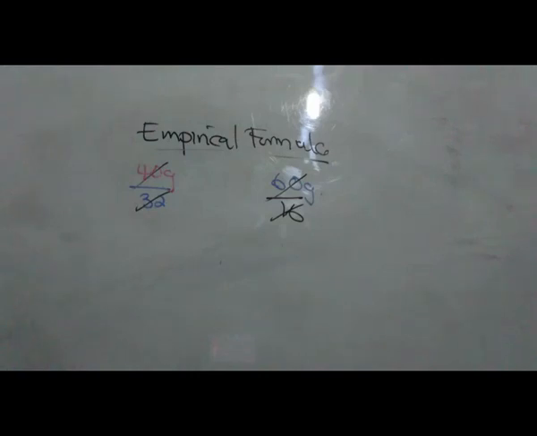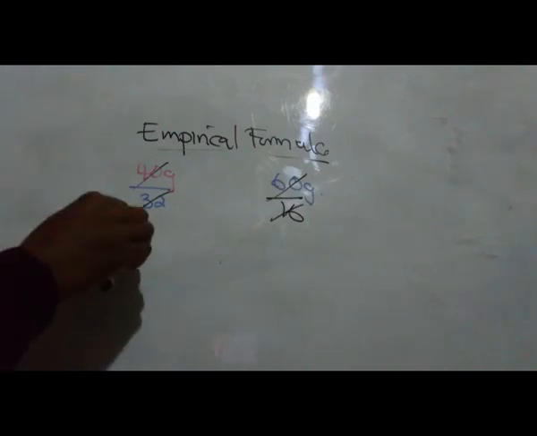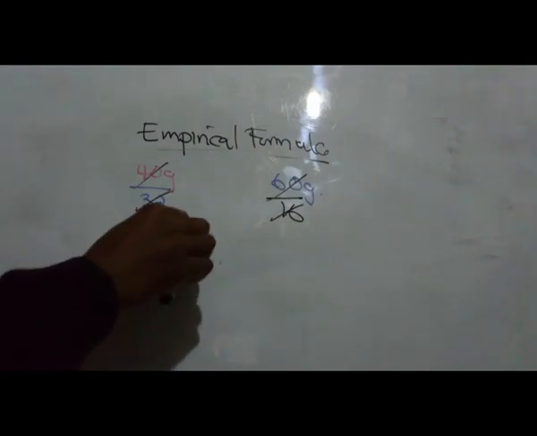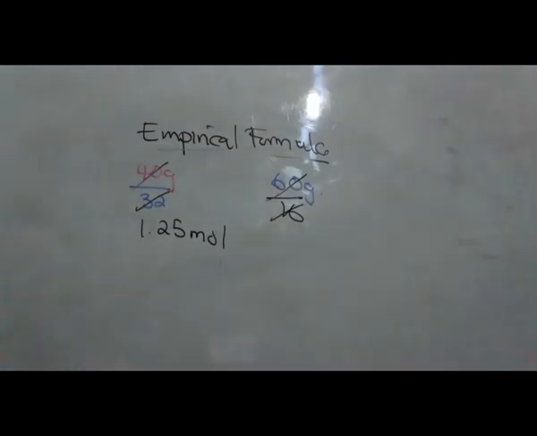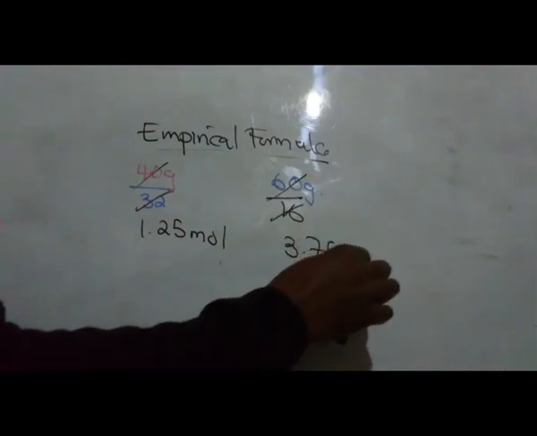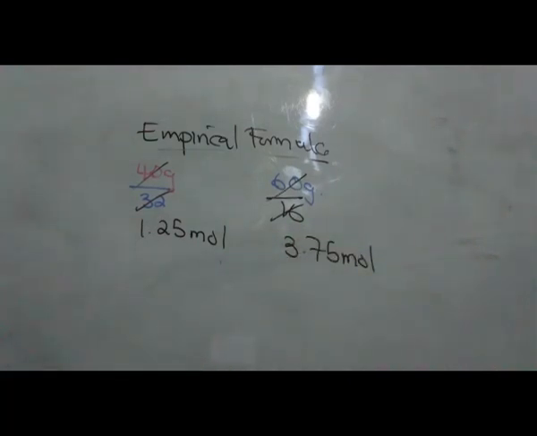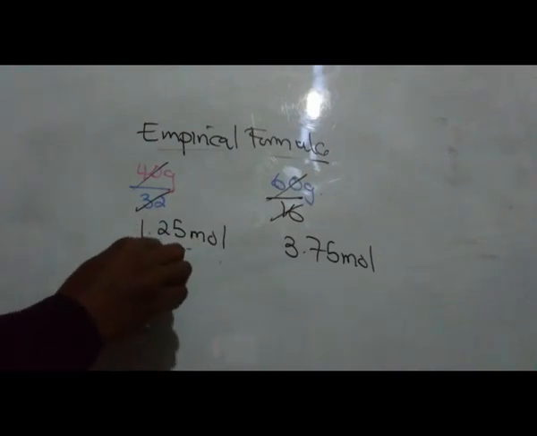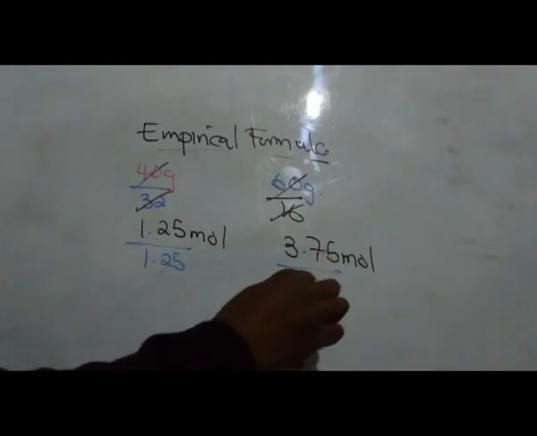By so doing, we end up having 1.25 moles, and 16 into 60 we get 3.75 moles. Remember we said we divide with the smallest number of moles, so we are going to divide with 1.25, also here 1.25.